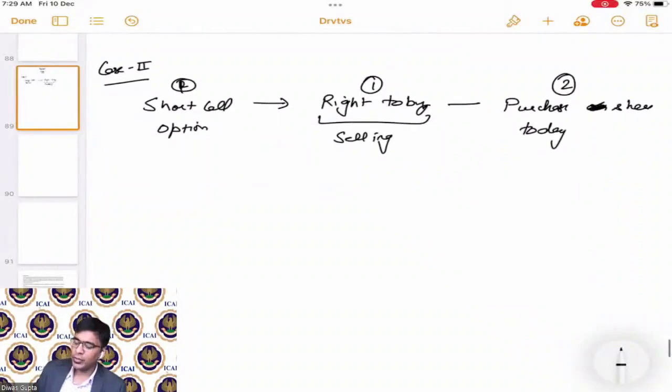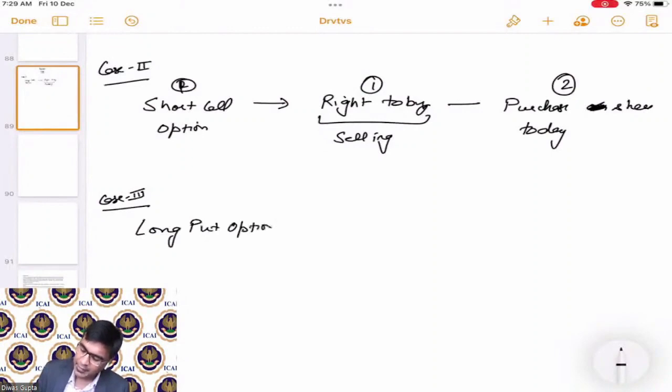Okay. Now going to case number three. Case number three is I am doing the long put option. That means I am purchasing the right to sell. Now please tell me what I'm going to do here.